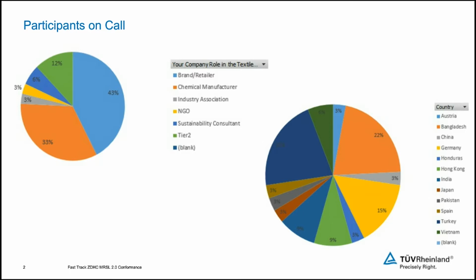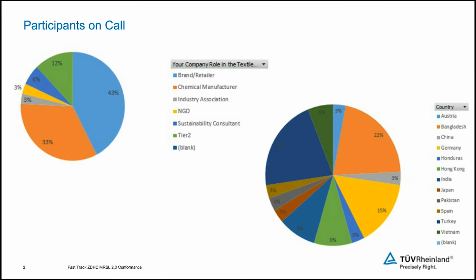It's of course especially relevant for chemical manufacturers whose production processes and products will have to be reassessed because of a change to MRSL, but also brands and retailers who might have to reassess their product finishes based on the substances in MRSL. Finally, it's relevant for the Tier 2 mills who will be using these chemical products and hence might need to reassess and screen their chemical inventory.